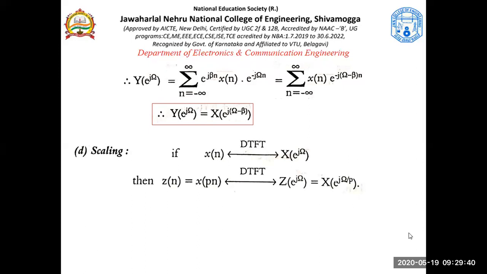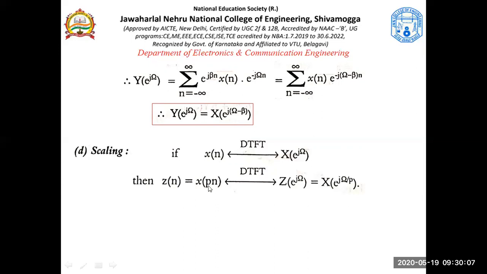Okay. Let's move on to the next property, that's scaling. When the case says scaling, we need to be particular about whether we are scaling the amplitude or we are scaling the time. This is the discrete time. So p is used to scale the discrete time here. So it is time scaling, not amplitude scaling.